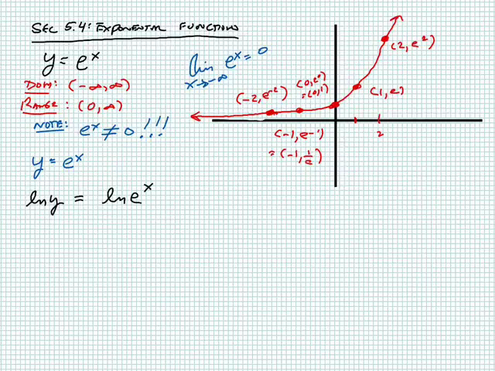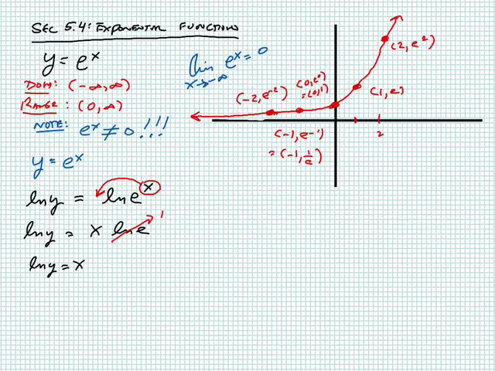And then I'm going to use the rules of natural log, and I can bring this x out front. If I do that, then I get the natural log of y is equal to x times the natural log of e. Well, we know that the natural log of e is 1. So I just get natural log of y is equal to x.